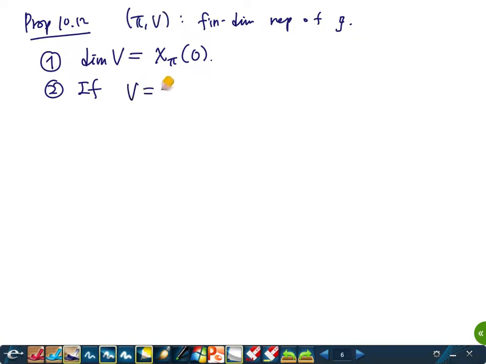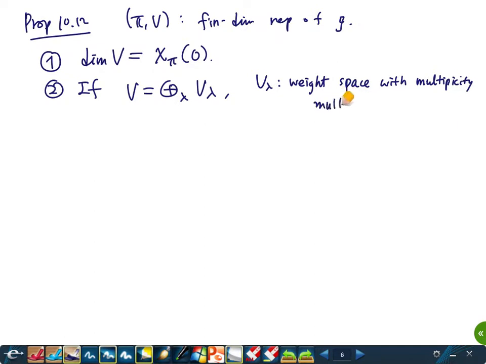So if you write this as a direct sum of weight spaces with multiplicity, from now on, I'm going to write the multiplicity of weight lambda as m lambda.